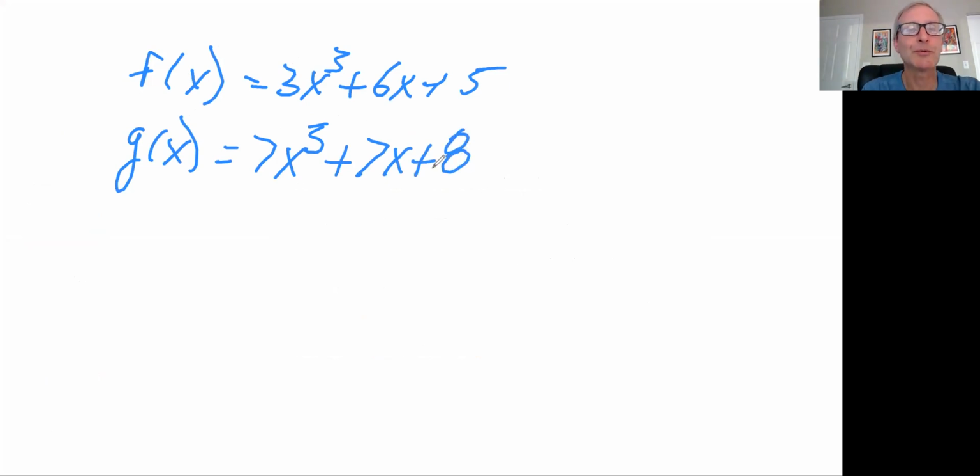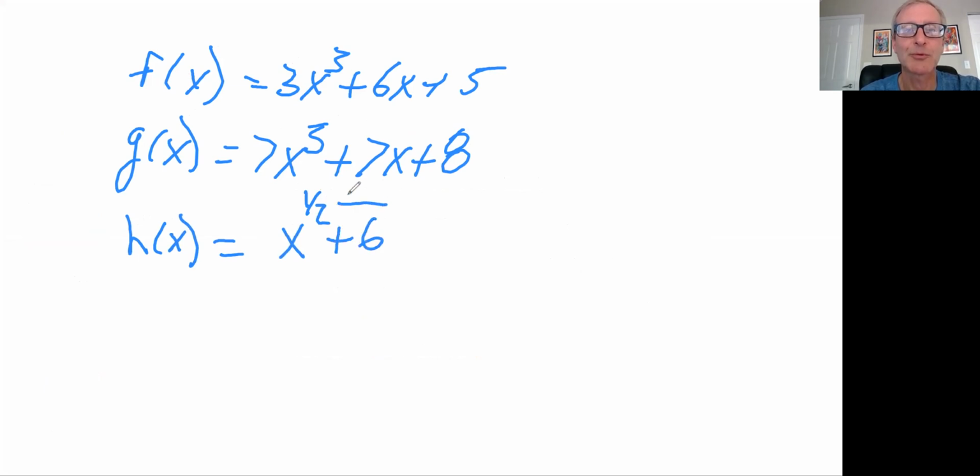And so it won't look like this. h of x equals, say, x to the 1/2 power plus 6. Because 1/2 is not an integer, right? A positive integer. And so this is not a polynomial. So in this section, we're not going to be dealing with this.